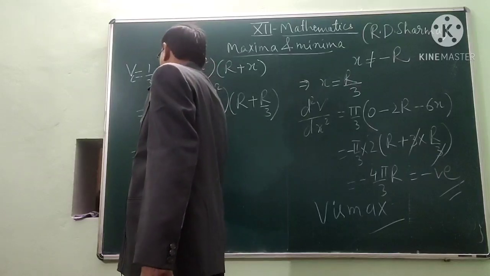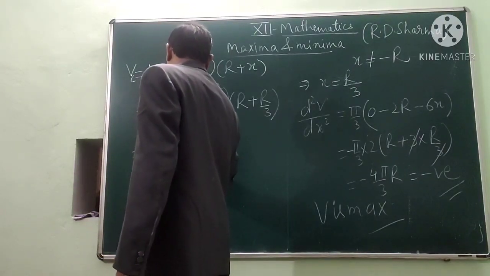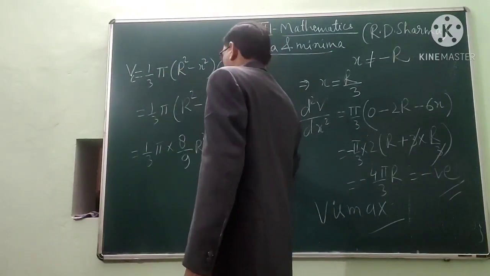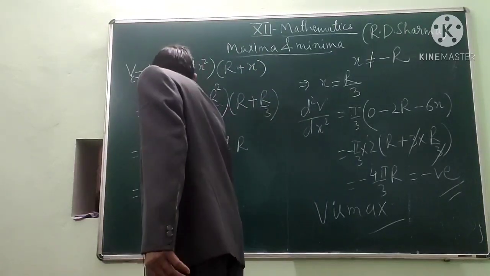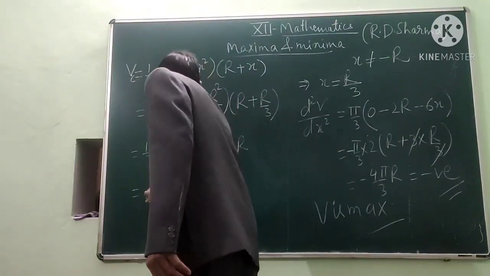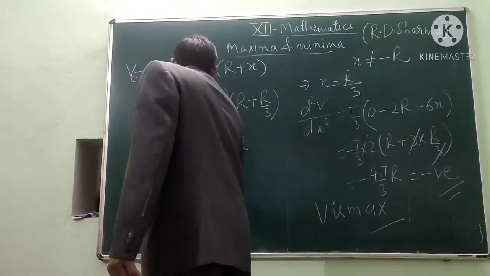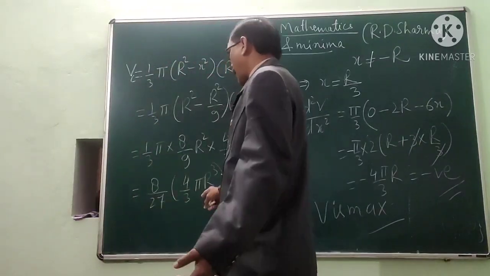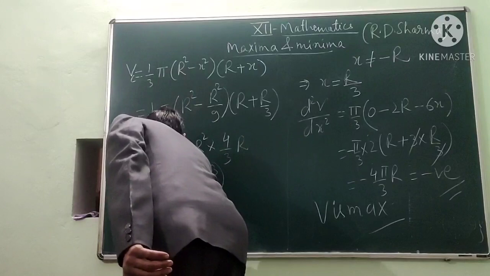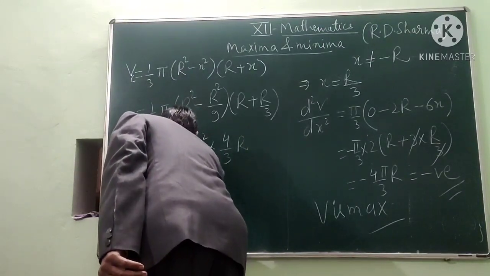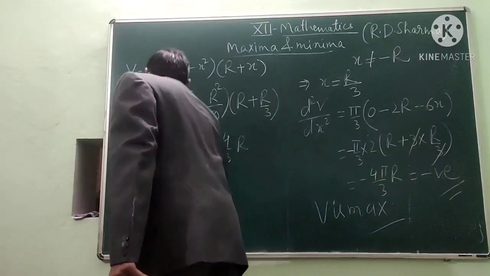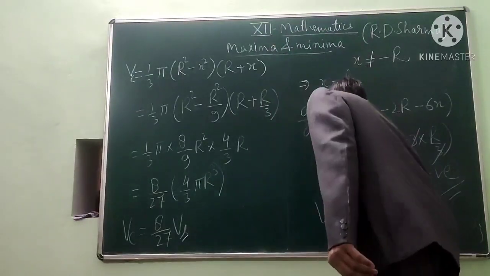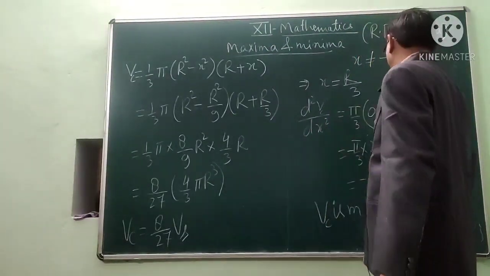It is 1 upon 3 pi into 8 upon 9 R square into 4 upon 3 R. We can write 8 upon 9 times 3 as 27, into 4 upon 3 pi R cube. This is the volume of the sphere. So here it is 8 upon 27 into the volume of the sphere. Volume of cone is 8 upon 27 times the volume of the sphere. Here the volume of the cone is maximum.